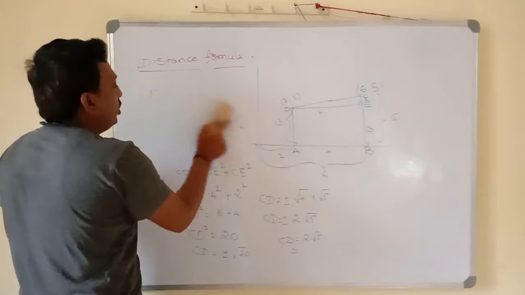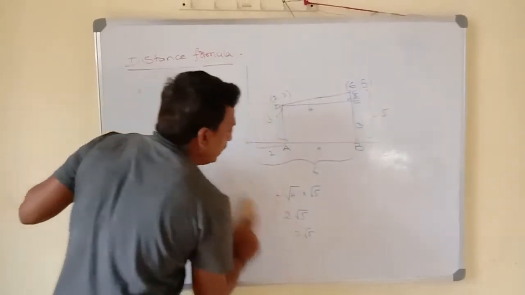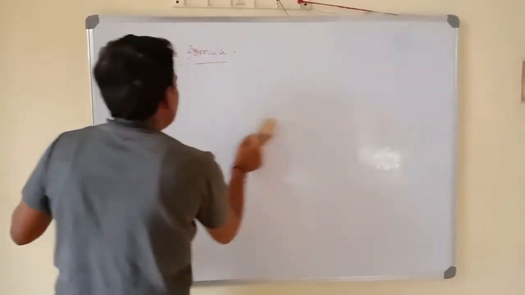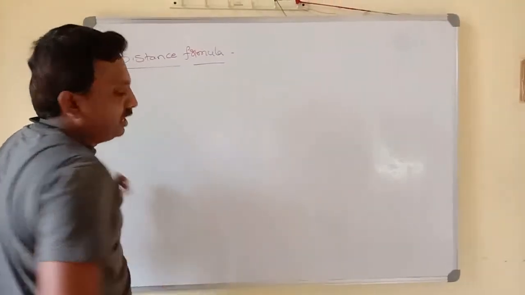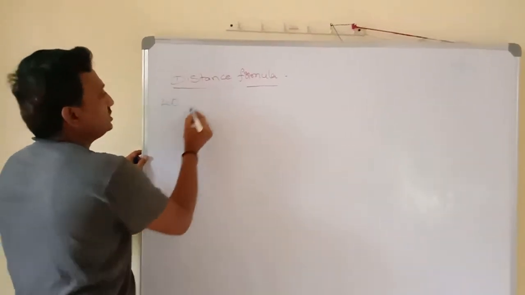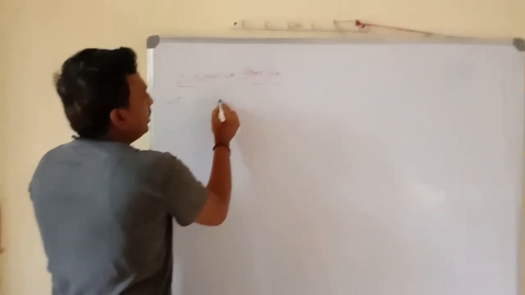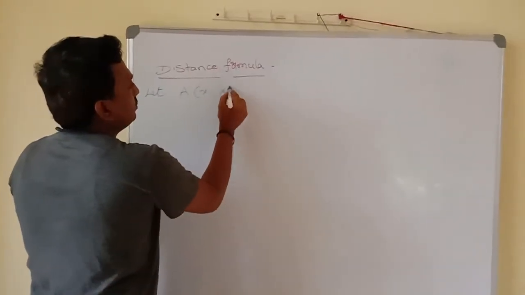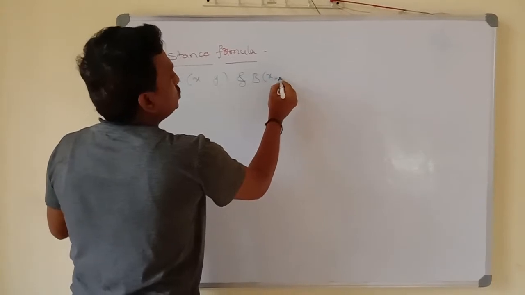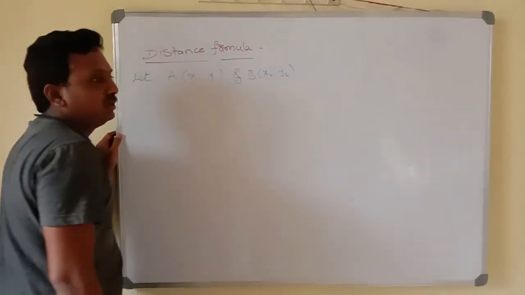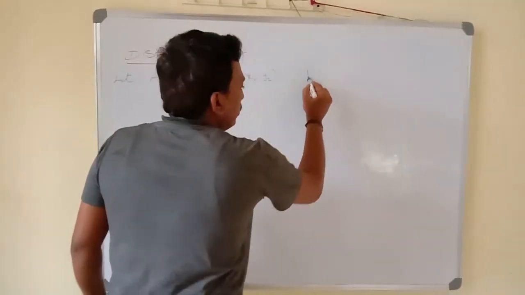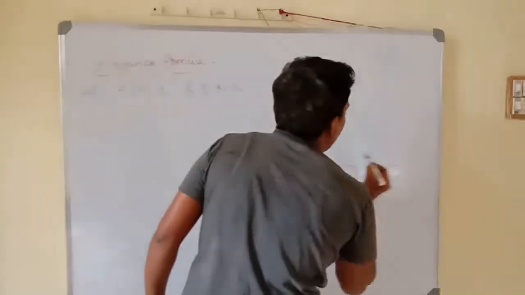We get a formula, so the same concept we can use in the coordinate system. Let us take point A as (x1, y1) and point B as (x2, y2). What is the distance between A and B?